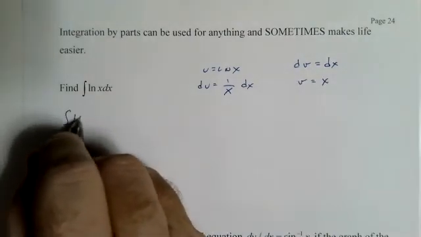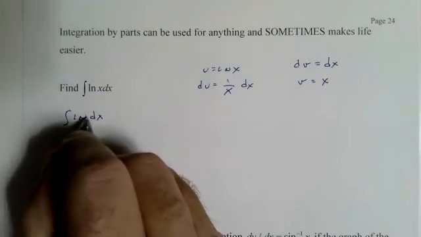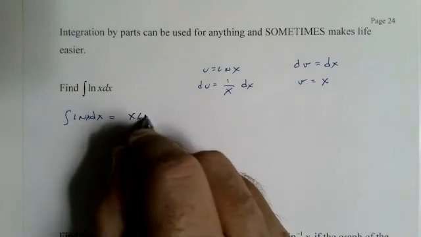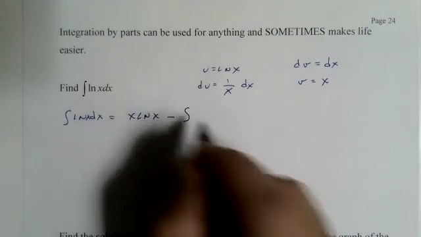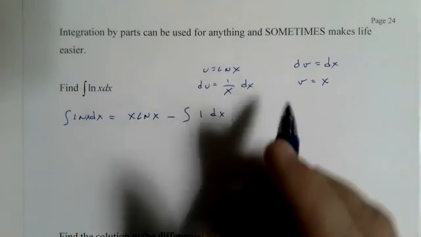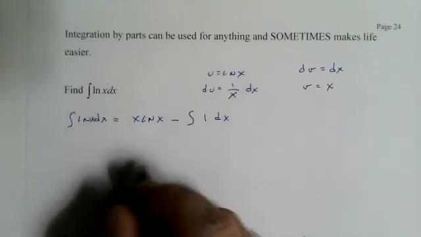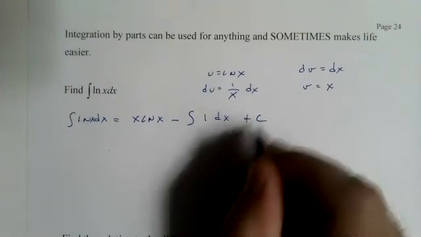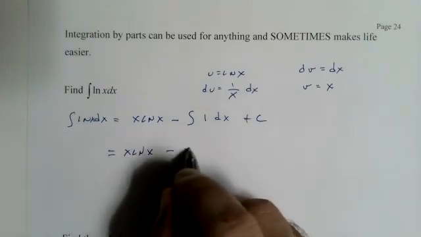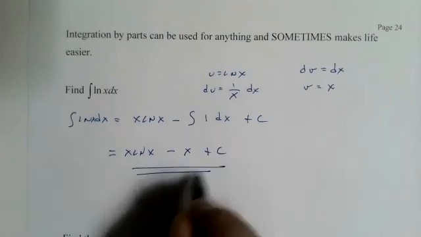So integral of ln of x dx equals x ln of x minus integral of 1 dx, x over x, plus c equals x ln of x minus x plus c.